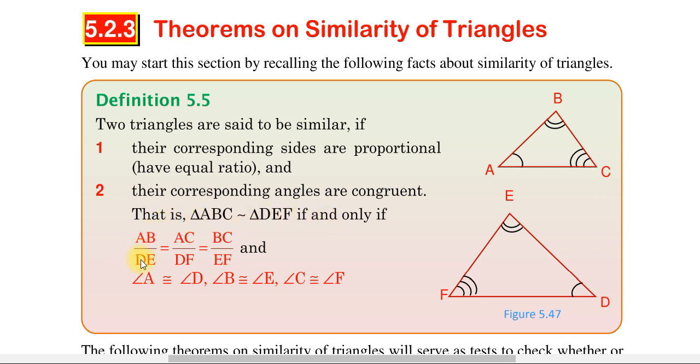AB over DE is equal to AC over DF, which is equal to BC over EF. And angle A is congruent with angle D, angle B is congruent with angle E, and angle C is congruent with angle F. That means look those angles.